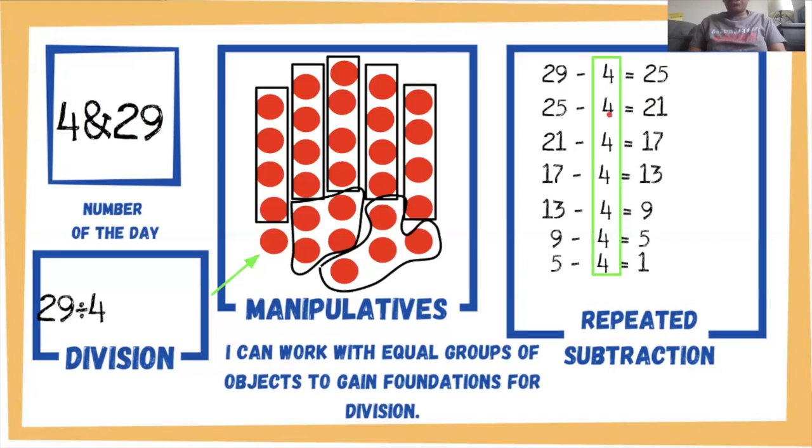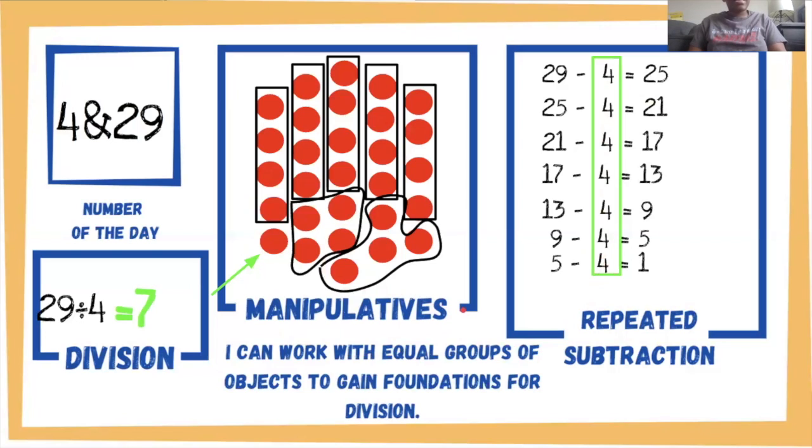1, 2, 3, 4, 5, 6, 7. Is that consistent with what we see in our manipulatives? Let's check. 1, 2, 3, 4, 5, 6, 7. All right, we were able to make 7 groups of 4.